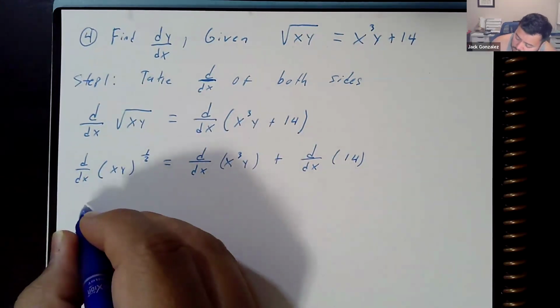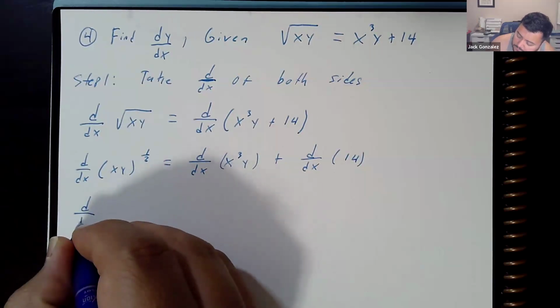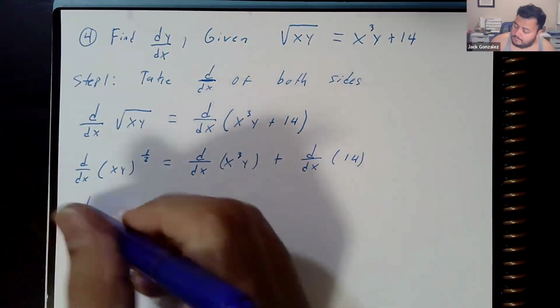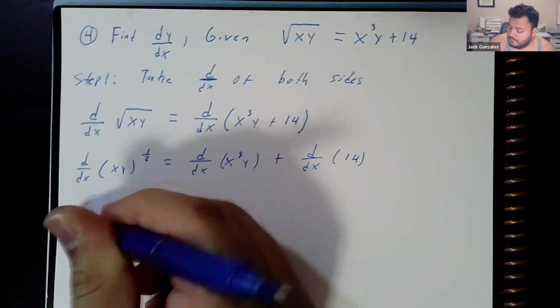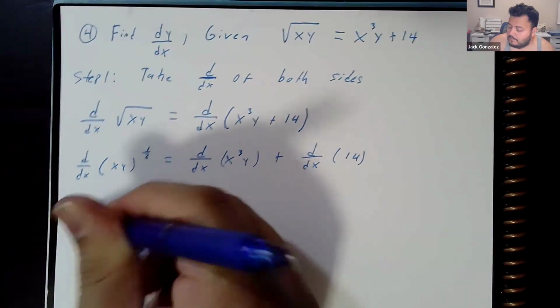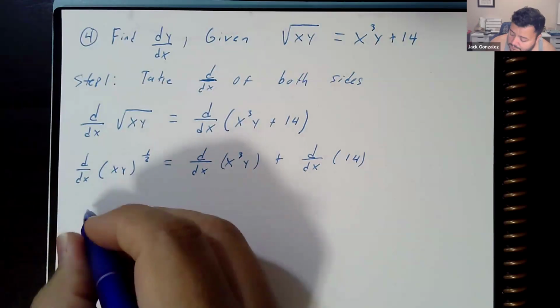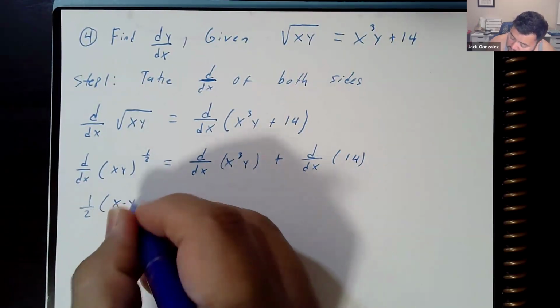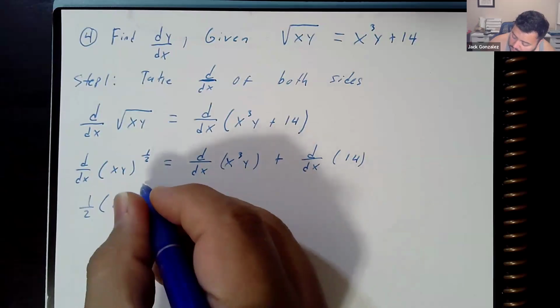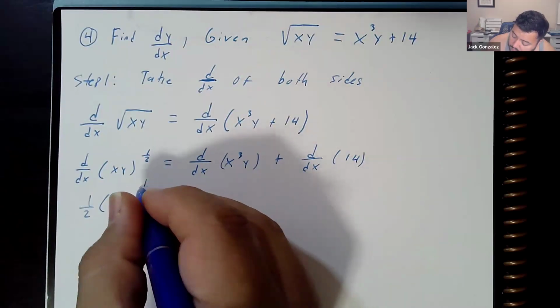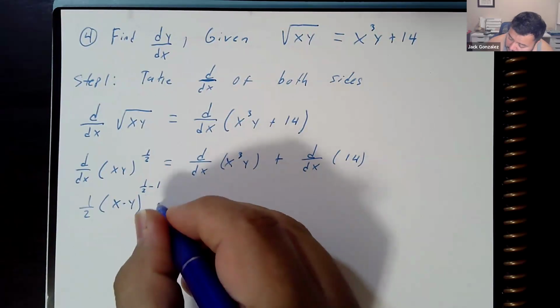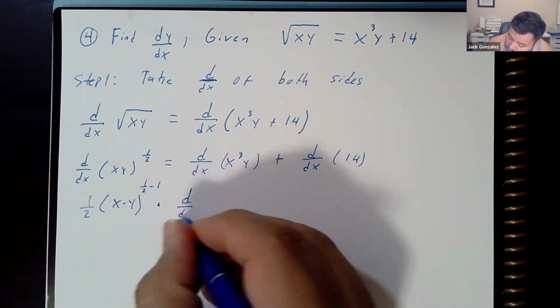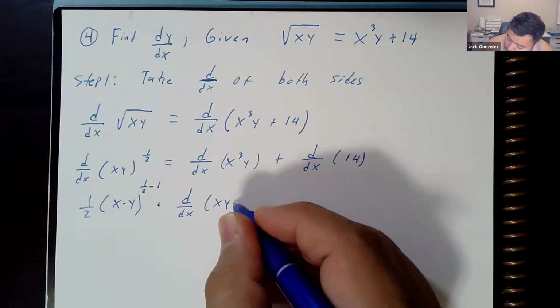So do your power rule first. Remember, the chain rule says leave the inside alone, work on the outside: 1/2 minus 1 times the derivative of the inside.